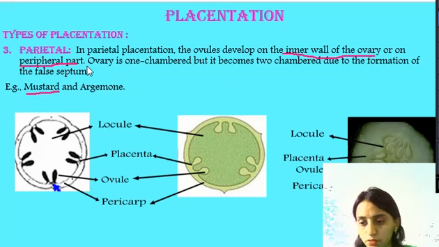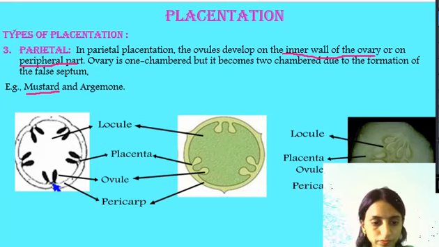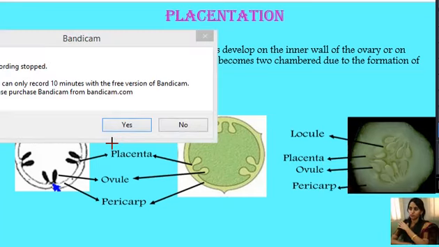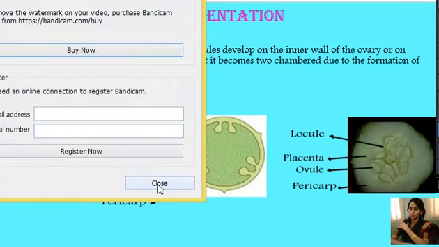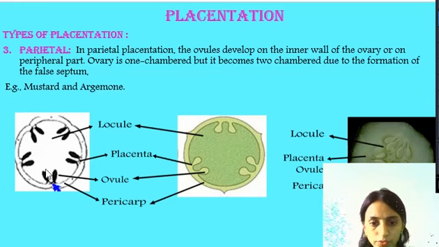In most of the flowers the ovary is one chambered but it becomes two chambered due to formation of a false septum. This diagram is very clear.